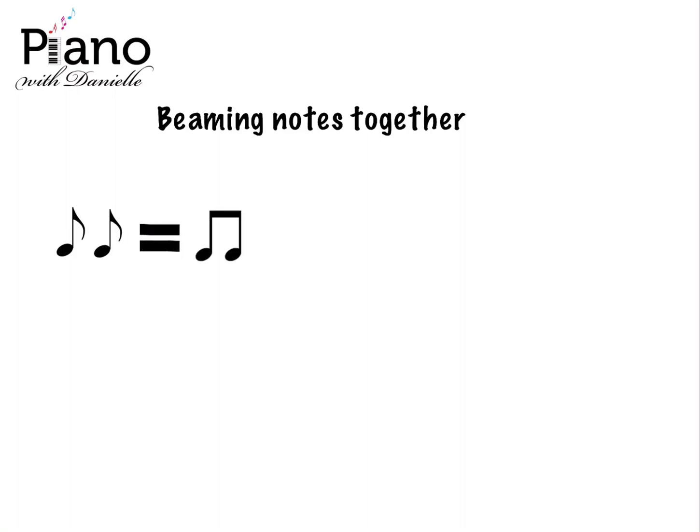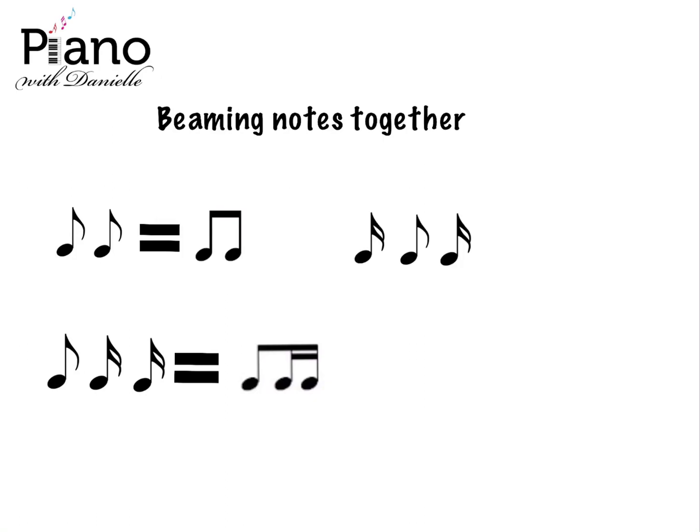A mixed group of a quaver and 2 semiquavers could instead be written like that, with one long beam across the top and 2 beams to indicate the semiquavers. I could move this group around. I could have a semiquaver, quaver, semiquaver, and that would be the same value as writing them like this.